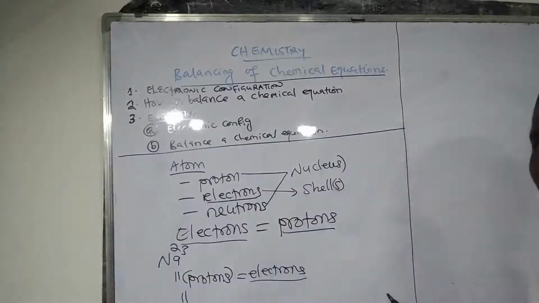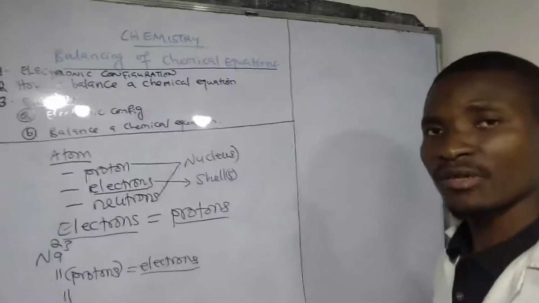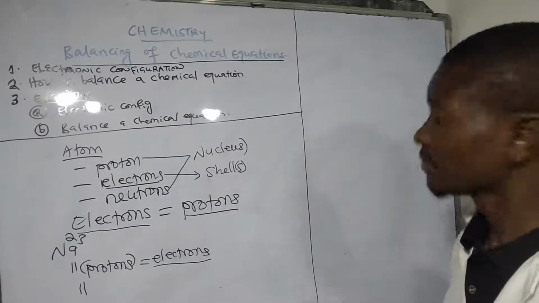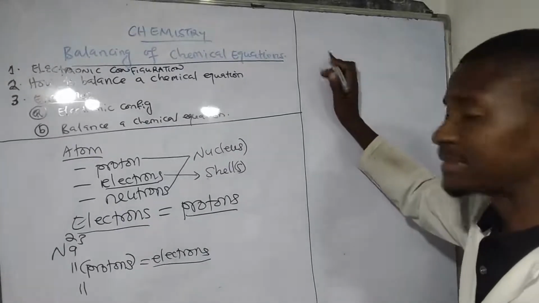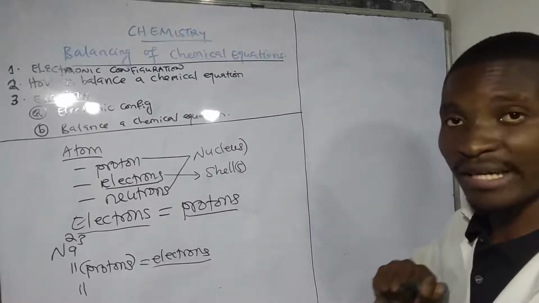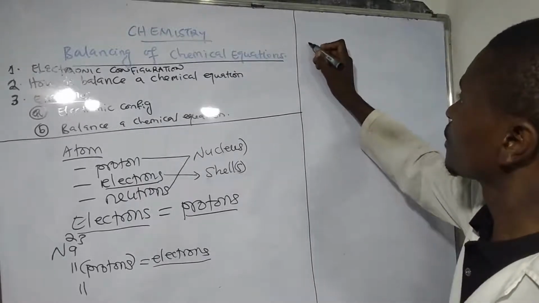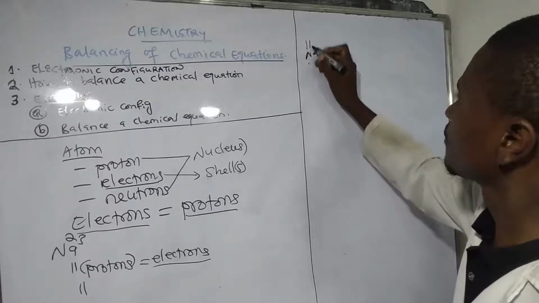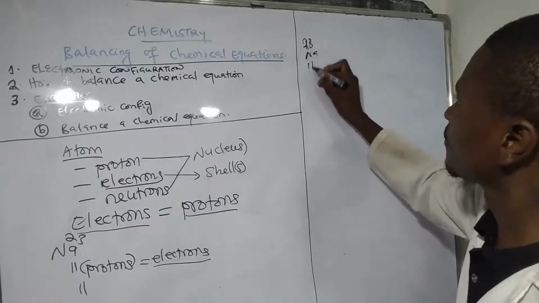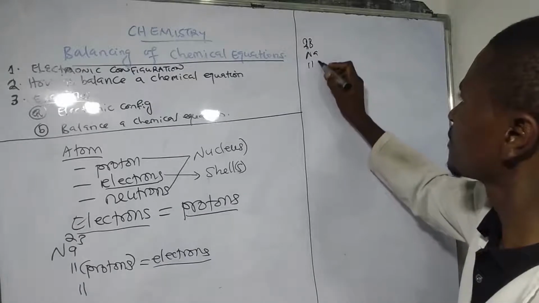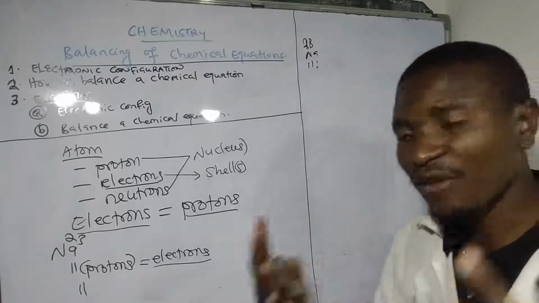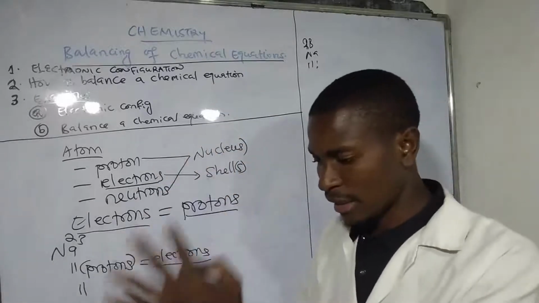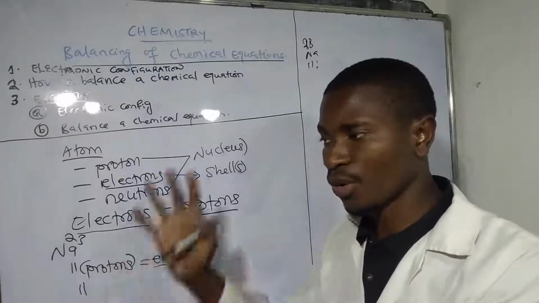If we want to understand an electronic configuration, we need to understand how we can do that. So if you have sodium, then I can divide this number of protons into some kind of fractions or ratios.